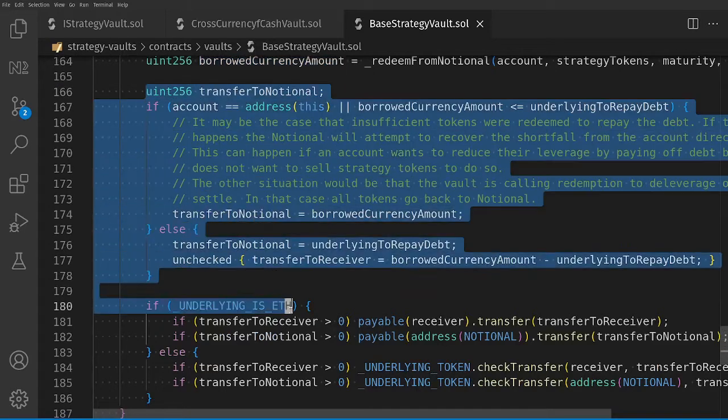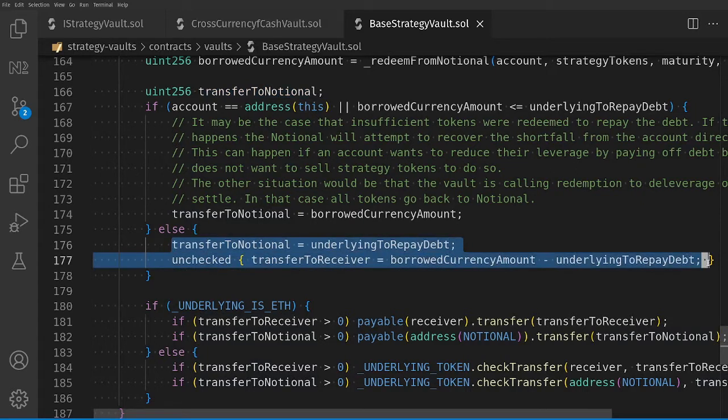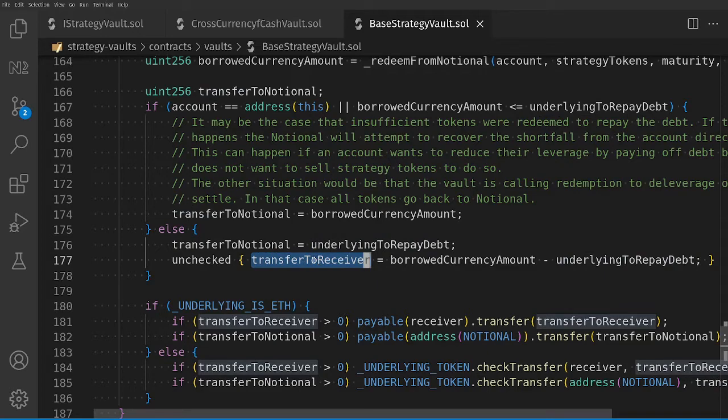This logic will determine how much is going to get transferred to Notional and how much is going to go to the receiver. So in the normal case, when an account is exiting their position, what's required to repay their debt will go back to Notional, and anything in excess will go to the receiver specified here.